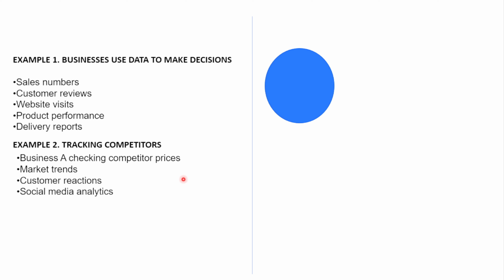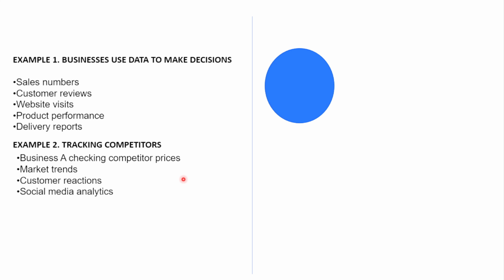Data and information also help businesses track market trends, customer behavior, pricing changes in the market, and new products introduced by competing companies. This helps organizations respond quickly and remain competitive in the marketplace.